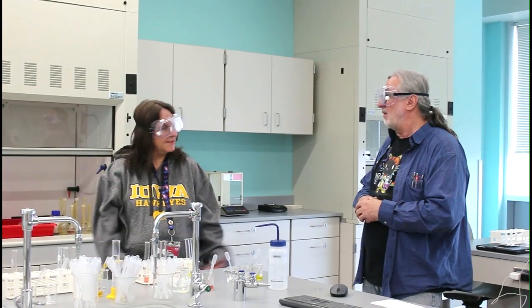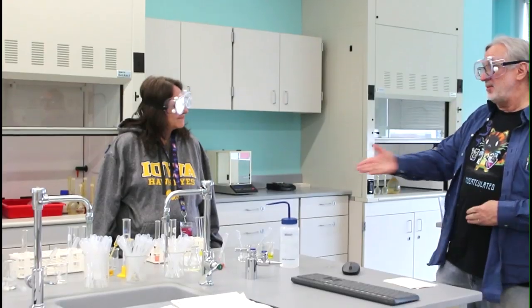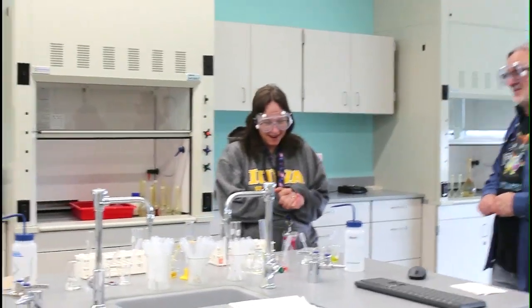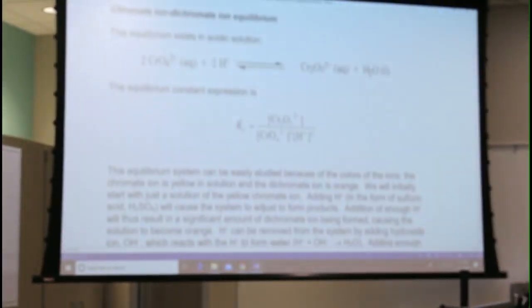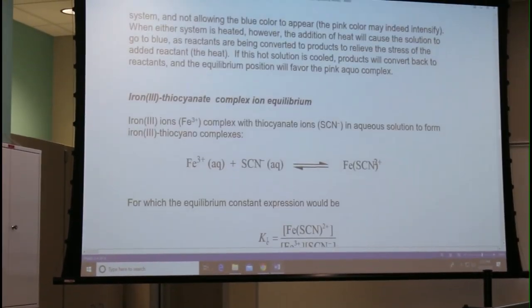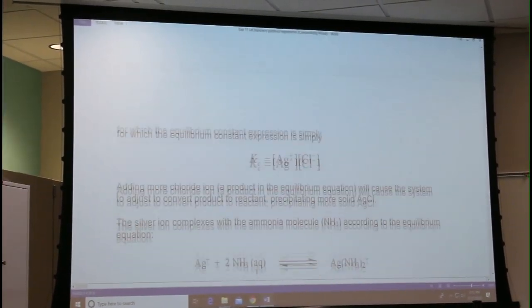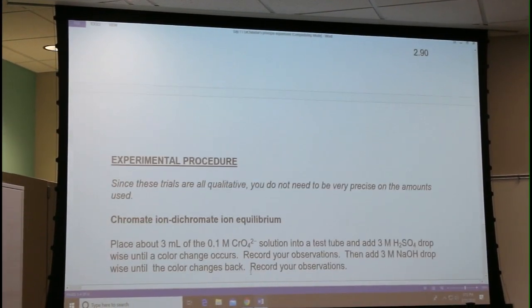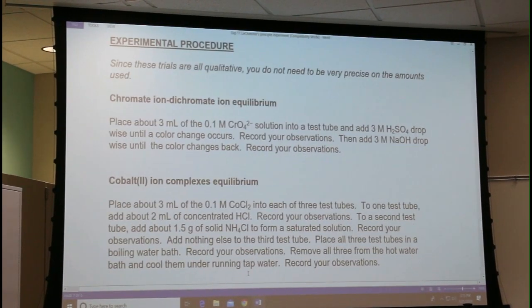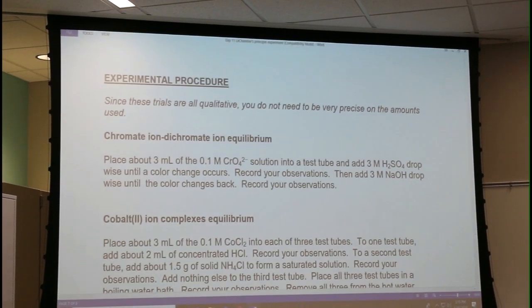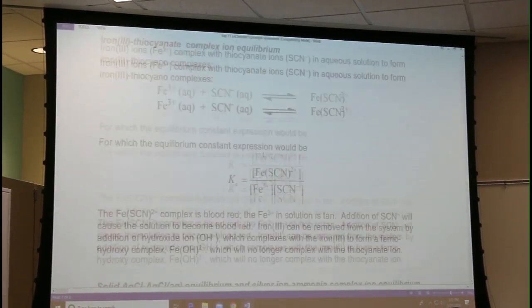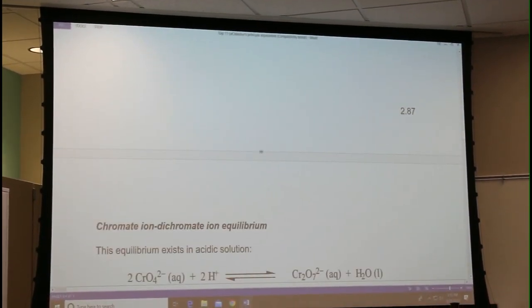All right. You want to do the first one? Yep. We'll go ahead and get started with the first one. Can we see it projected? For my students, you're used to me writing things on the board, but as Dr. Snipes said, you have a lot of information before the experimental procedure, and it basically hints at what you should be seeing based upon Le Chatelier's principle.